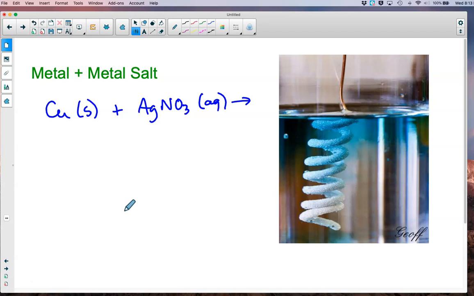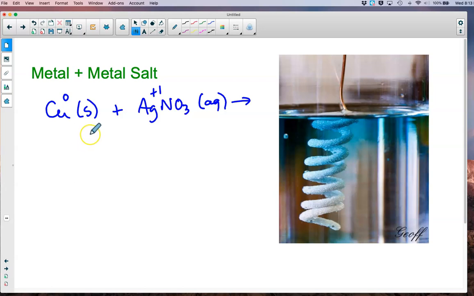You can see that's a piece of copper wire, and it's in a solution of silver nitrate. So what happens here is that the copper, which is copper 0, is going to trade places, is one way to think of it, or replace the silver ions in solution. And that's what that little blue color is that's showing up in the picture. And you can also see that silver is forming on the copper wire.